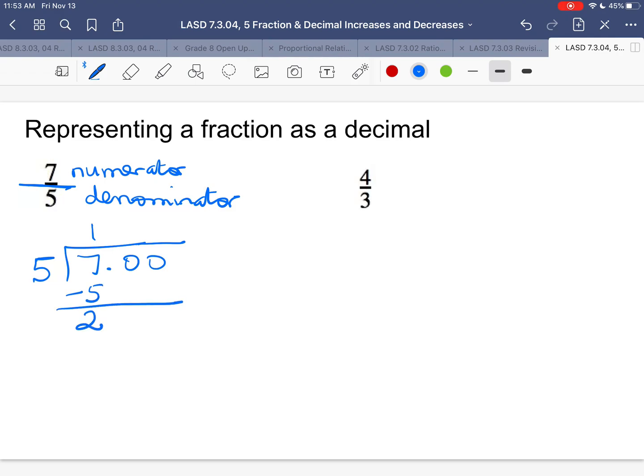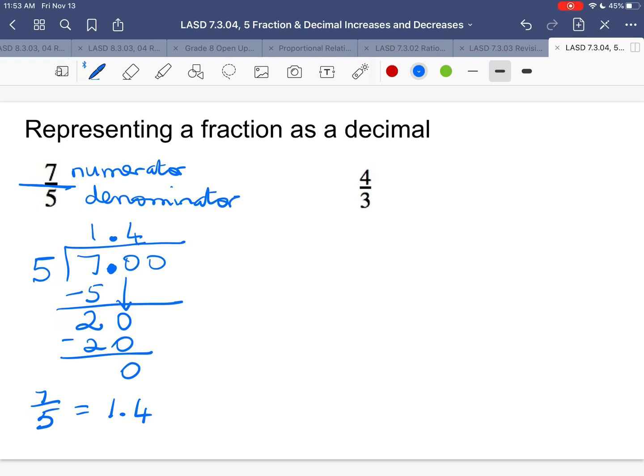I get 2, bring down a 0. 20 divided by 5 is 4. 4 times 5 is 20. So that's that. And I put the decimal place above the decimal place in the numerator.